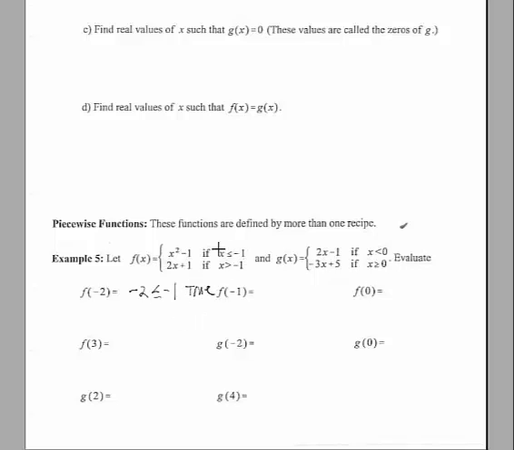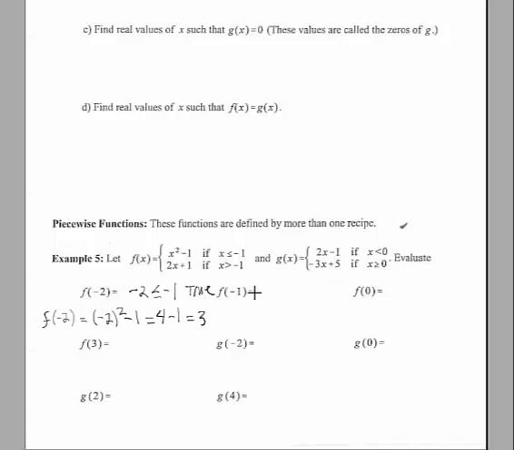Since the first inequality is true, we would use x squared minus 1 to calculate f of negative 2. So f of negative 2 equals negative 2 squared minus 1. Negative 2 squared is 4, minus 1 gives us 3. We would not use 2x plus 1 to calculate f of negative 2.